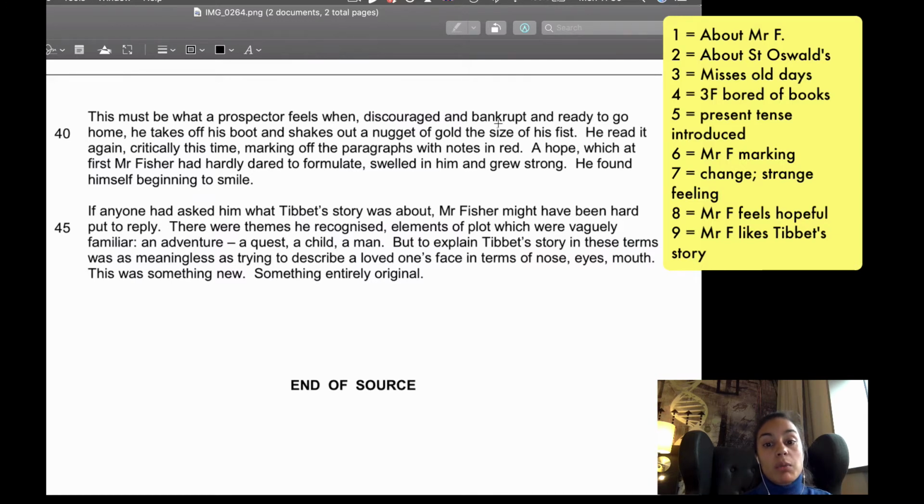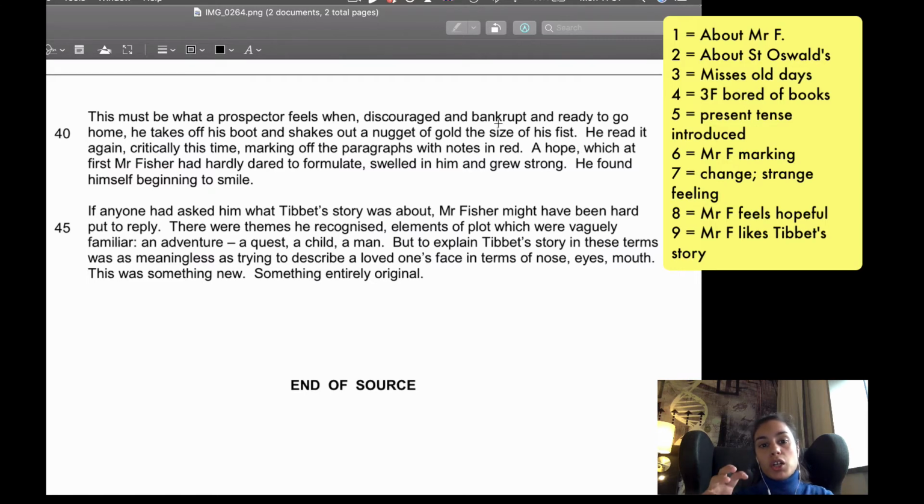If anyone had asked him what Tibbet's story was about, Mr. Fisher might have been hard put to reply. There were themes he recognised, elements of plot which were vaguely familiar, an adventure, a quest, a child, a man. But to explain Tibbet's story in these terms was as meaningless as trying to describe a loved one's face in terms of nose, eyes, mouth. This was something new, something entirely original.